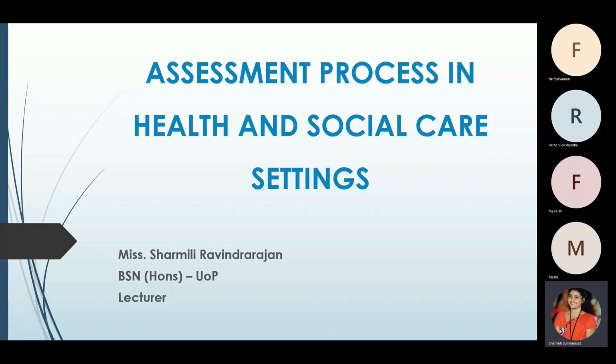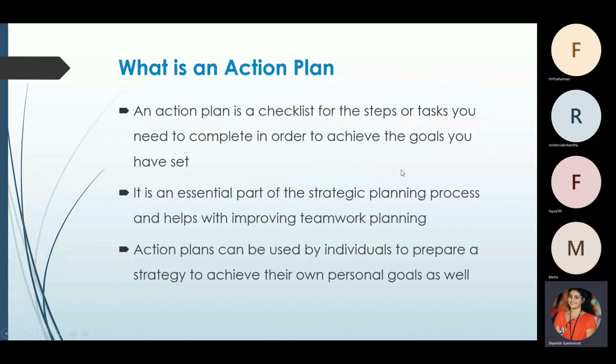So first we'll see what this action plan means. An action plan is a kind of checklist for the steps or tasks that you need to complete in order to achieve the goals you have set. Soon after the assessment, we plan our goals or objectives, what we are going to achieve.